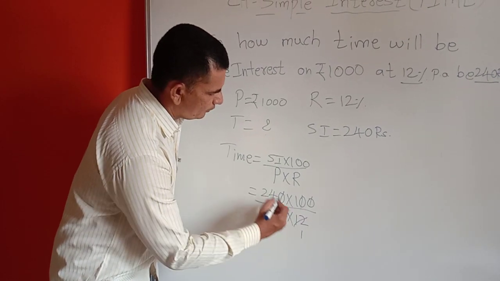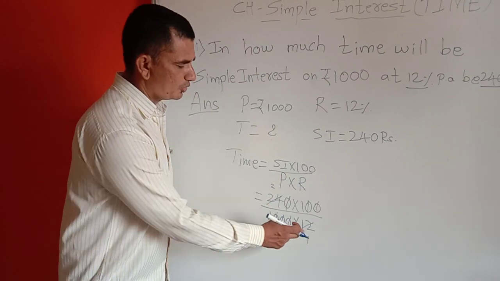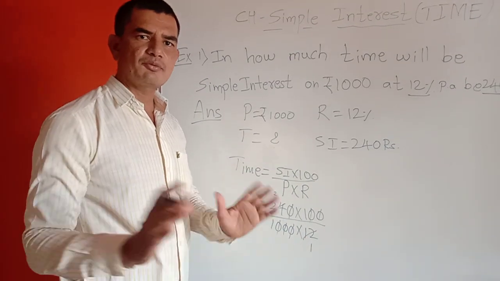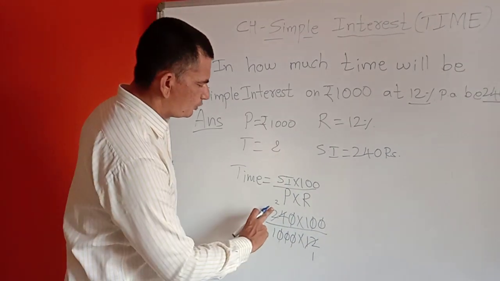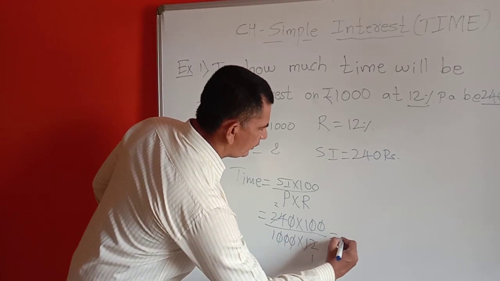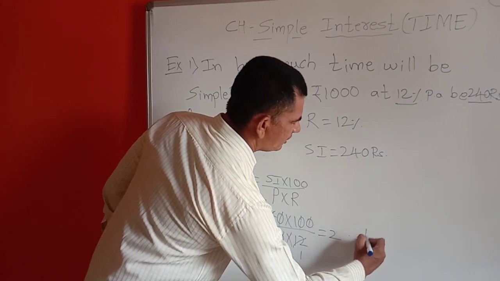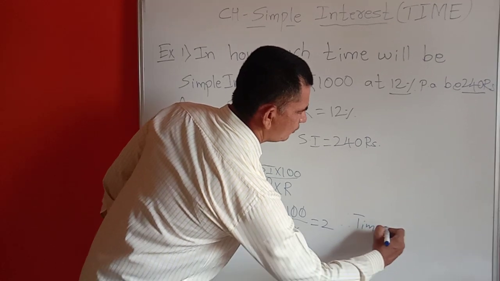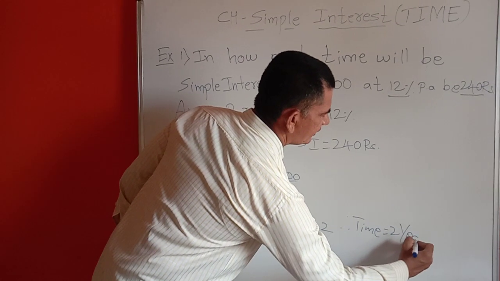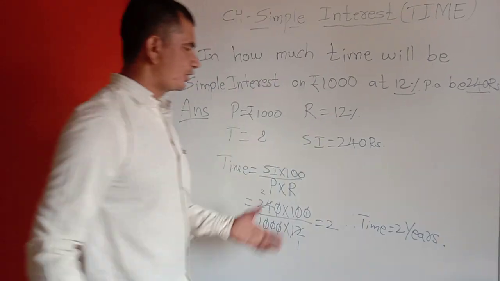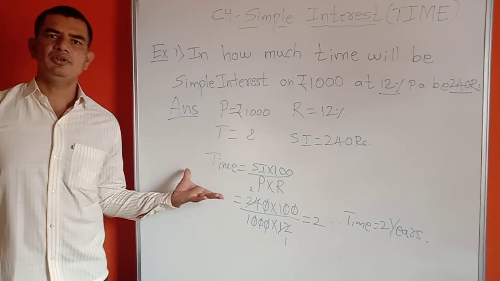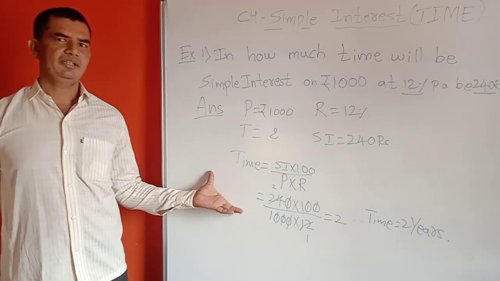So 12 ones are 12, 12 twos are 24, we can cancel because 12 and 24 are in the same table. So 2 into 1 is 2. So students, how much time? Therefore, time is equal to 2 years.